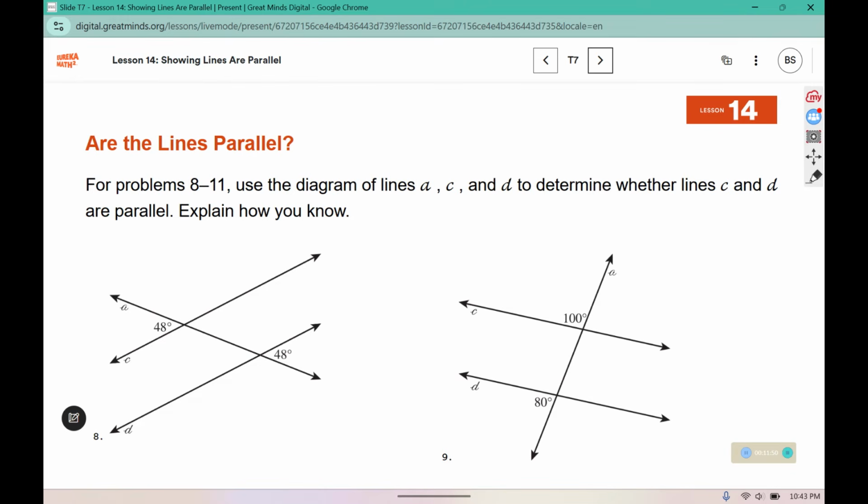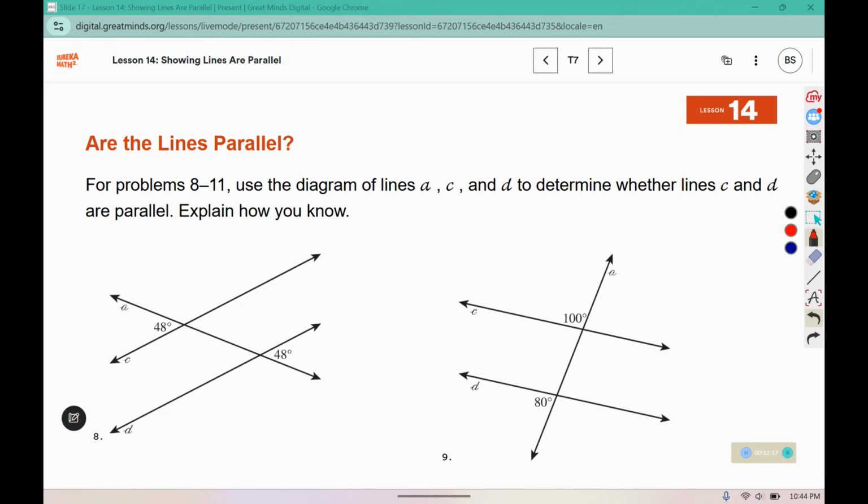For problems 8 through 11, use the diagrams of lines A, C, and D to determine whether lines C and D are parallel. Explain how you know. These two, in problem 8, are considered alternate exterior. They're on the opposite side of the transversal and the outside of the parallel lines.